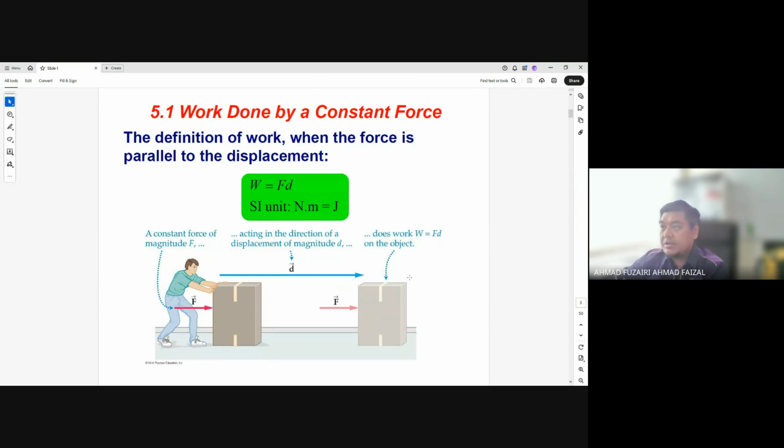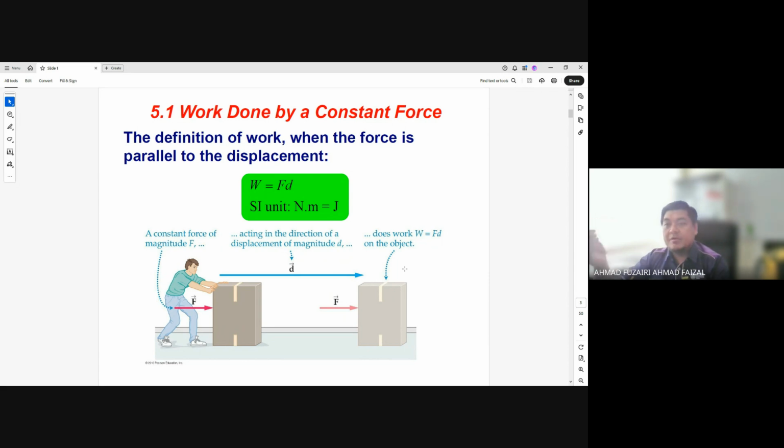From this topic, we need to see the work done by a constant force. The definition of work is something we have already done in your school days: work is equivalent to force times S, F dot S, where S stands for displacement.